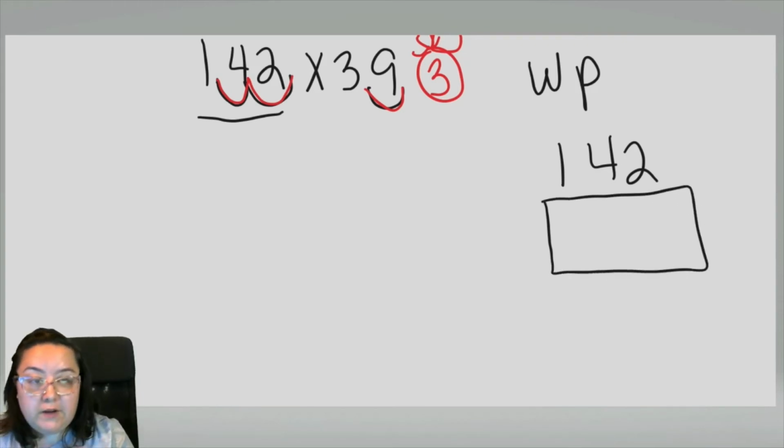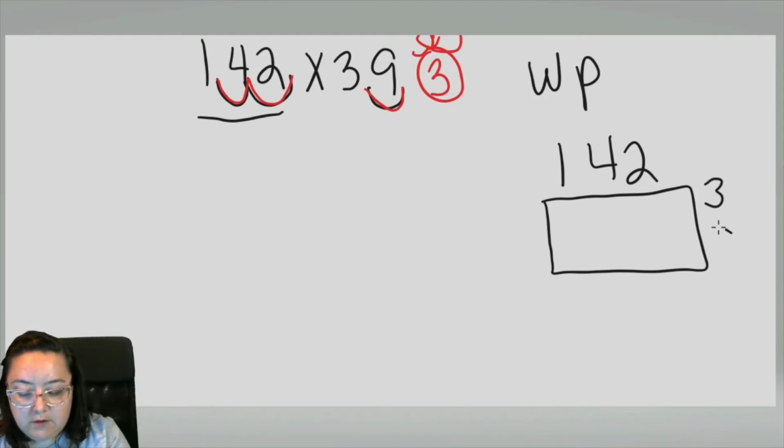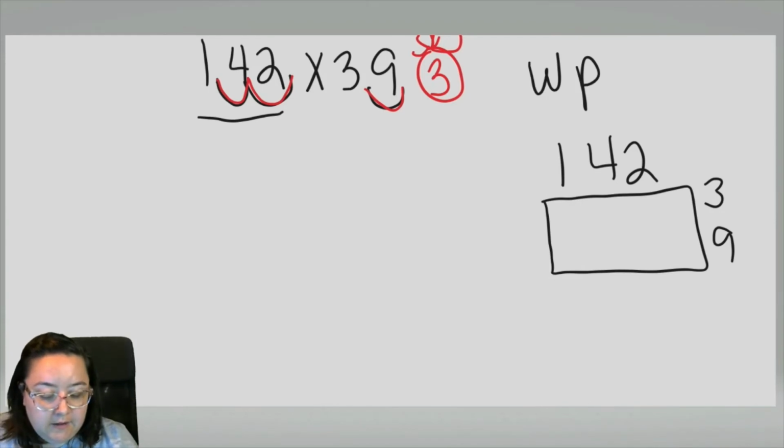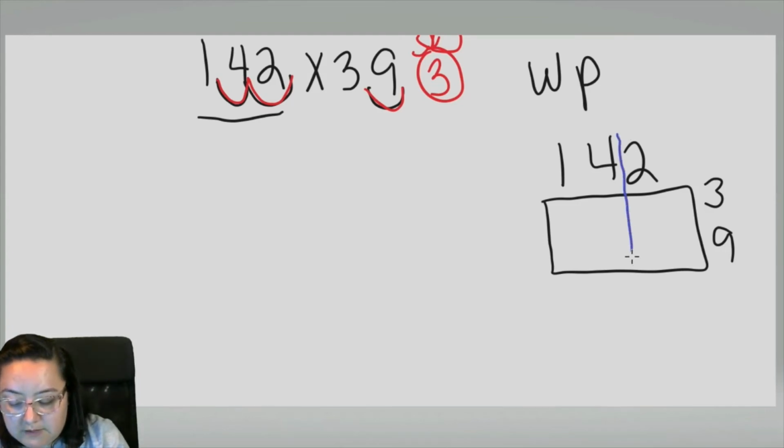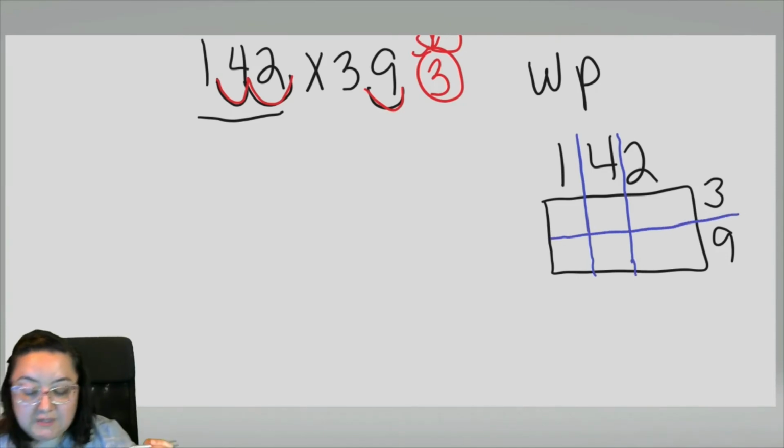And then 39, we're going to write it vertically on the right-hand side of the box. 39. And on the last video, I showed you guys that the way that I tell my students to set these up is to draw a line separating your digits within your numbers. That's the easiest way to do it. Draw lines to separate your digits.